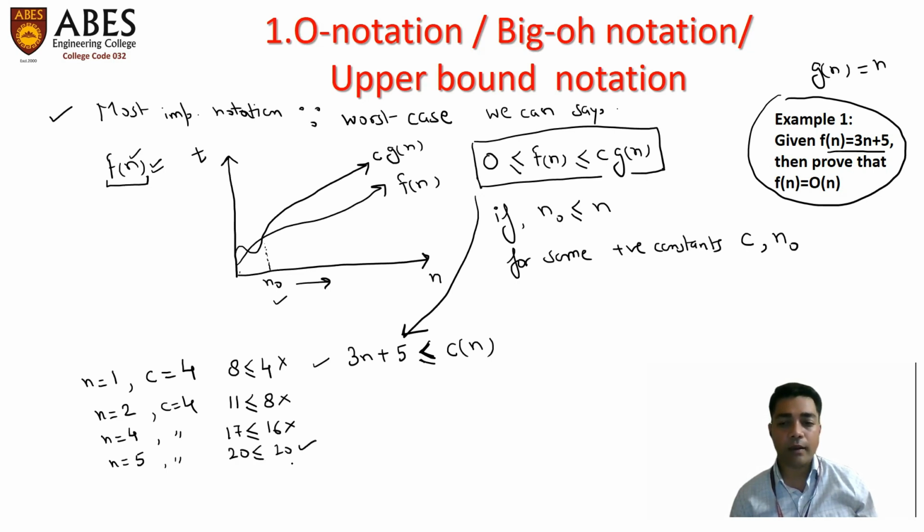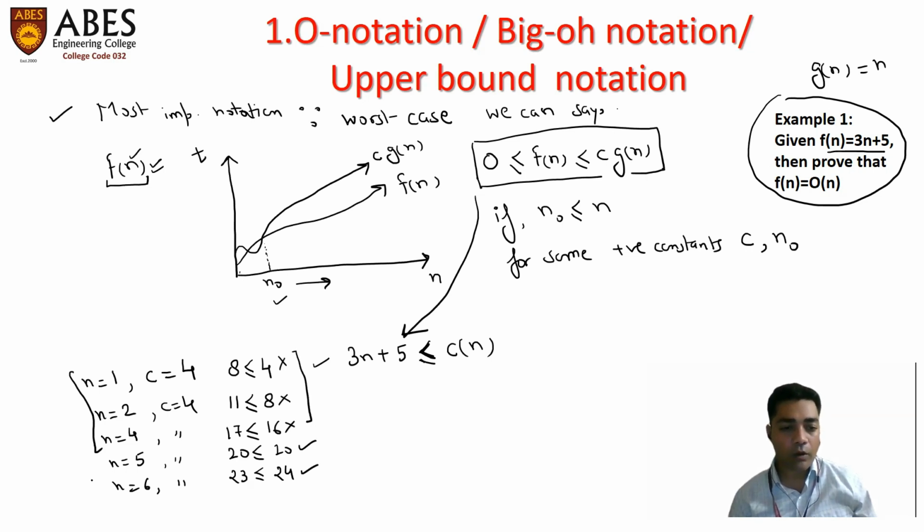Now here we are getting the correct result. Let me try it for another higher value. 6, 6 3 are 18, plus 5 is 23, less than equal to 6 into 4, that is 24. So this is also correct. As you can see, till n is equal to 4, we were not getting our equation correct.